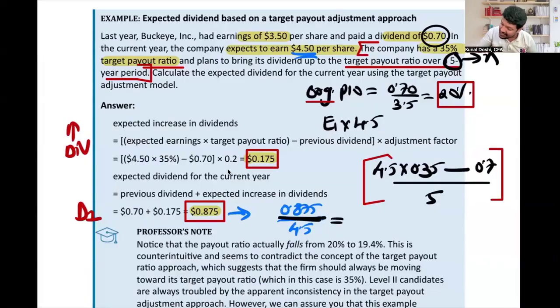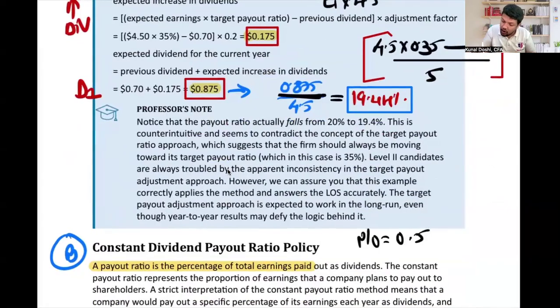You will notice an interesting thing, your payout ratio is 19.44%. You gave this extra dividend with the hope that my current payout ratio, which is 20, will move closer to the 35 long-term payout ratio, isn't it? But in reality, you have actually gone farther away, isn't it?